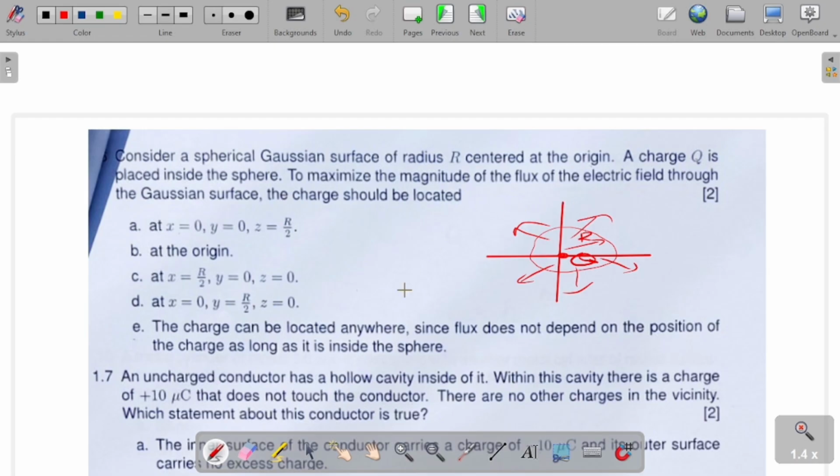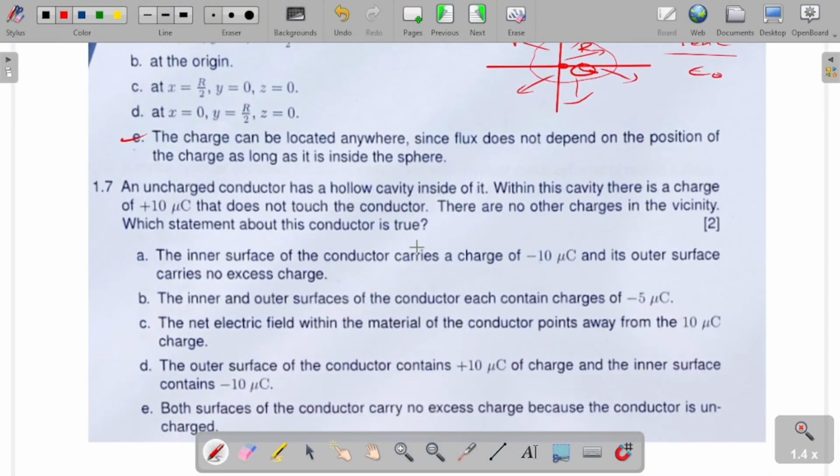We can place it anywhere inside. It doesn't matter where it is, because what we care about is the charge enclosed over epsilon naught, not where it is inside. So let's move on.